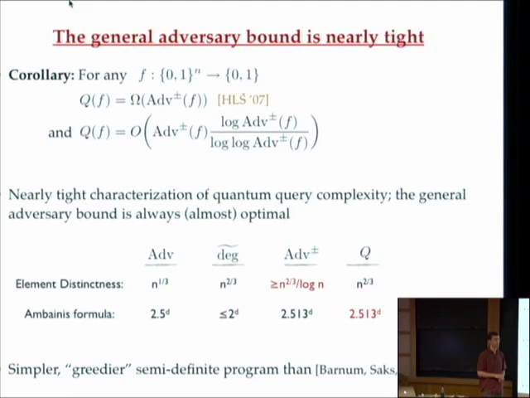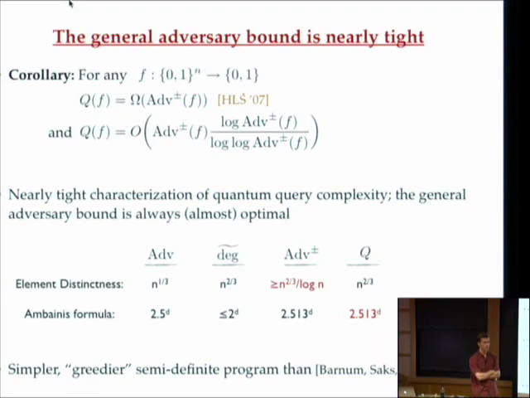Try to do it explicitly. So yeah, this duality thing. But this actually upper bounds the degree, because you know that the degree is always a lower bound on the quantum query complexity, whereas this kind of agrees with the quantum query complexity. Yes. So this upper bounds the degree.